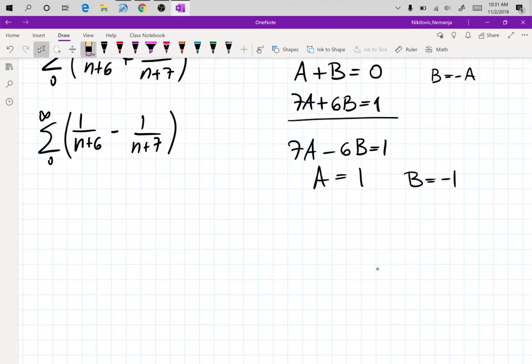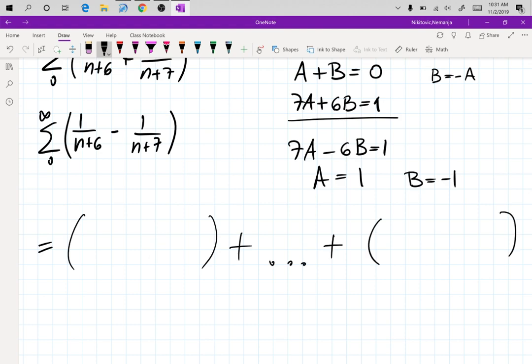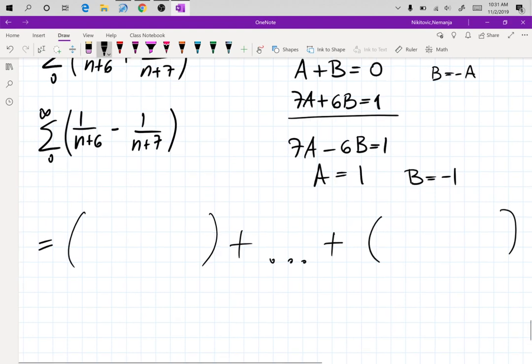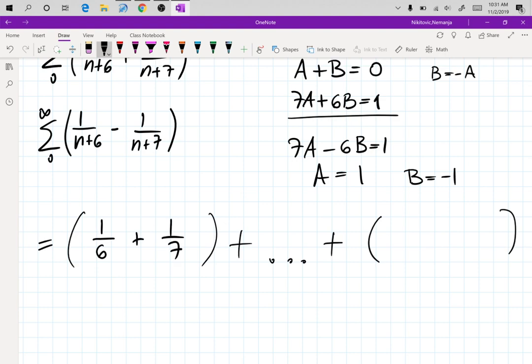You just write the first 2 parentheses and the last 2 parentheses here, because you know that the first term will survive, and then the last term will survive. So this is going to be, we're starting at 0, so 1 over 6 plus 1 over 7. 1 over 7 will actually cancel in here.